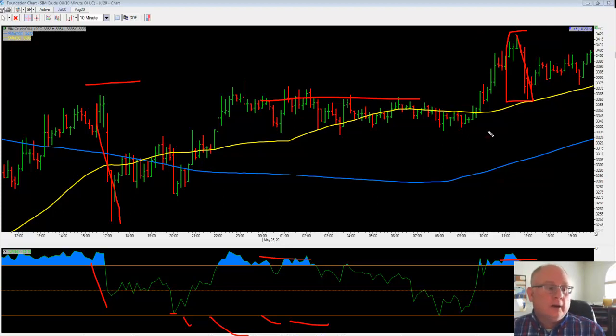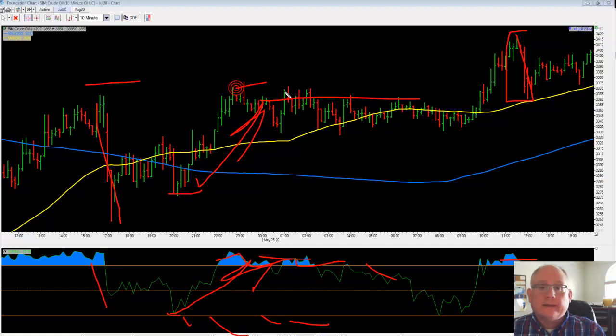So the oscillator itself can help you determine things when you see it above like this, but just because it's above and goes below doesn't make it an automatic, oh, let's sell the market. And just because it goes this way doesn't make it an automatic buy, although this goes with this and shows a buy side.